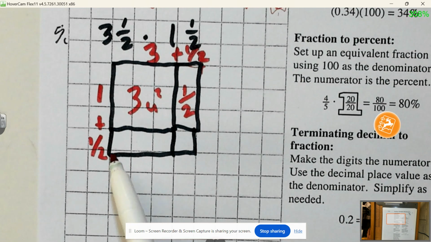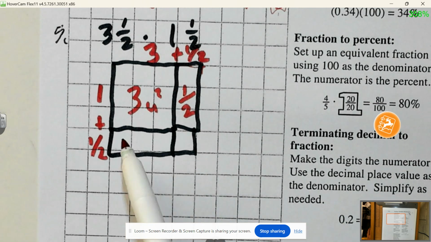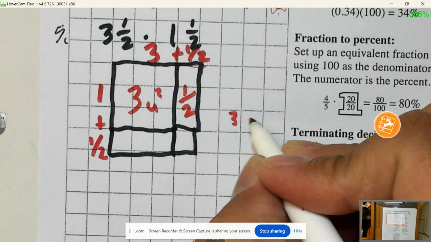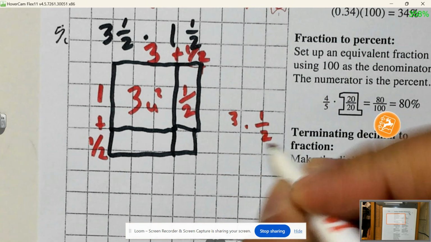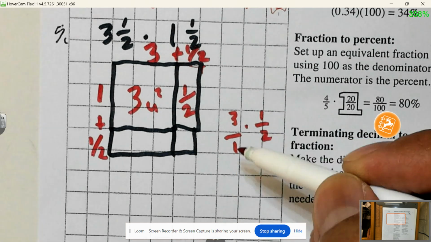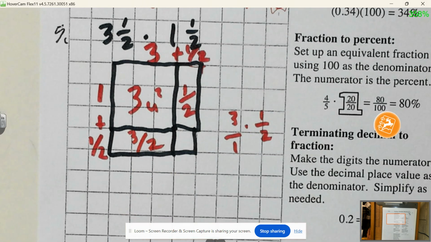Now this one down here, 3 units by 1/2 unit. What is 3 times 1/2? When we're multiplying a fraction by a number, it's helpful to make 2 fractions. So 3 times 1, 1 times 2, that gives us 3 halves.